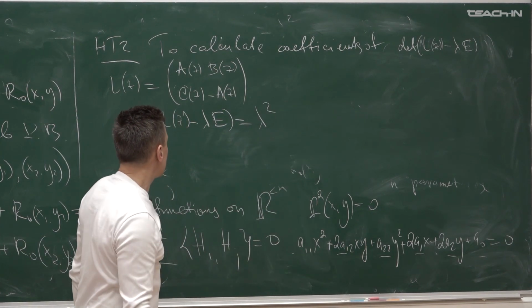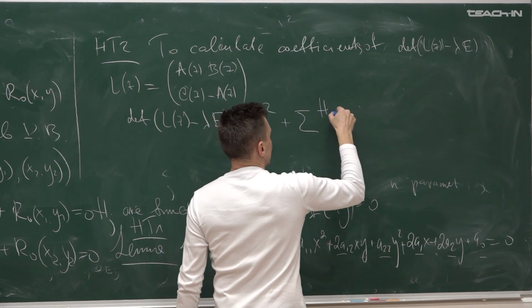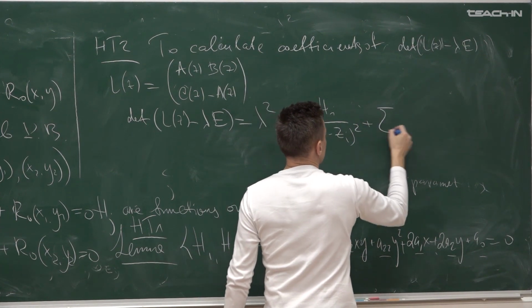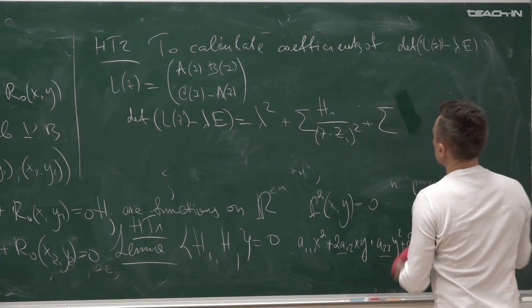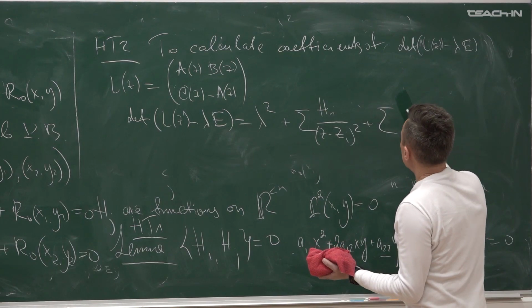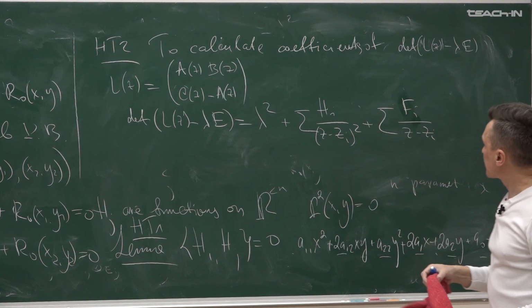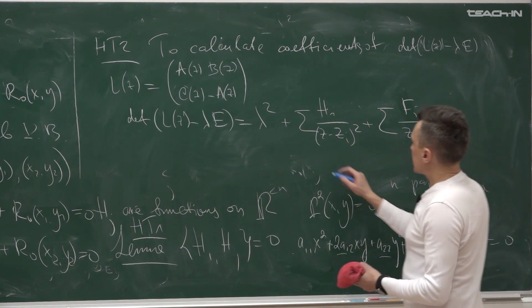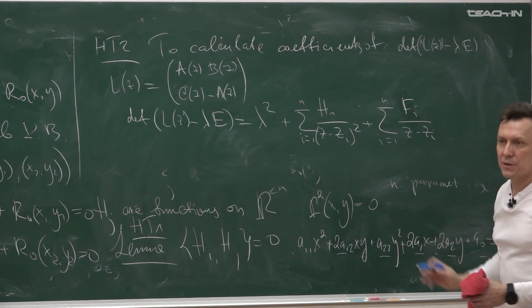It is lambda squared plus the sum of h_i over (z minus z_i) squared plus h_i f_i over (z minus z_i), for i from 1 to n, and there are no other terms.